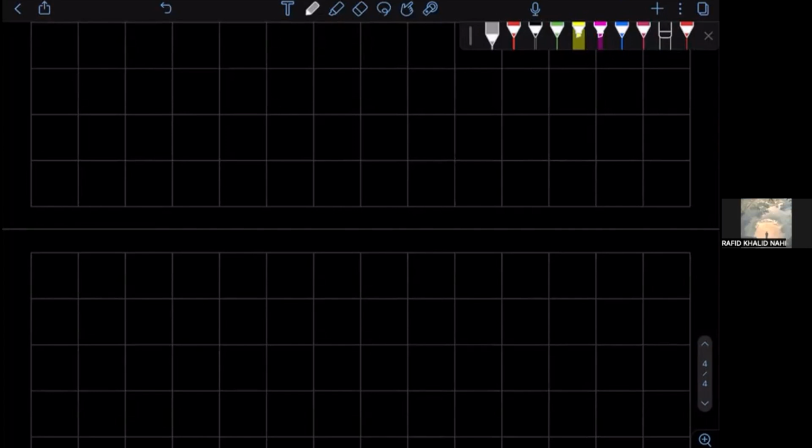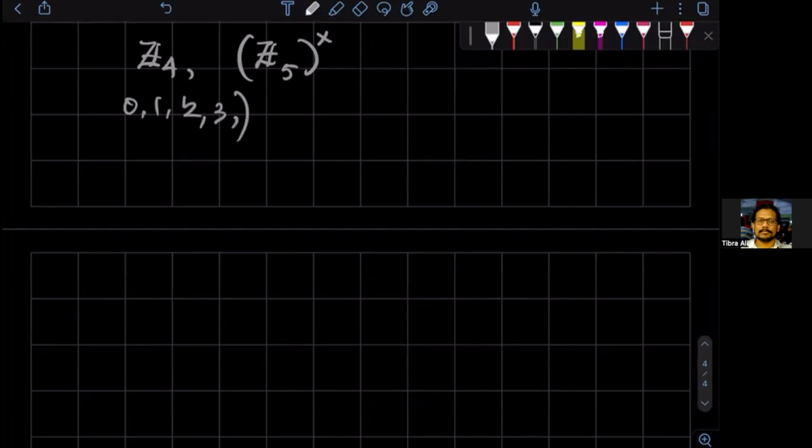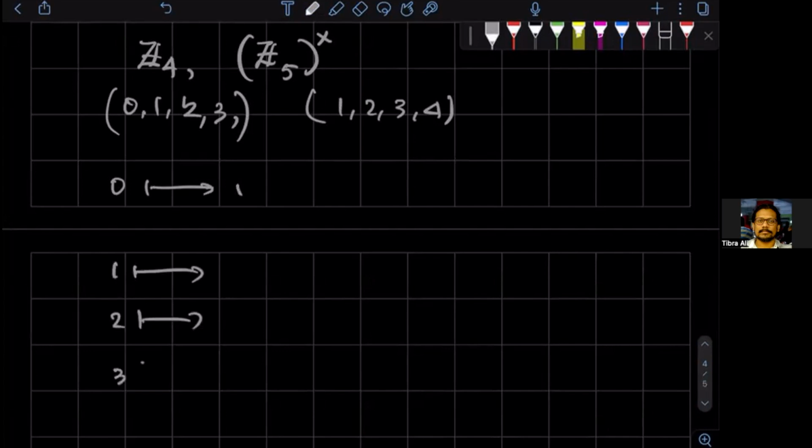Okay. Right. So, for example, remember the case where I think it was Z4 and Z5 or something, but under multiplication. There, after constructing the multiplication table, with 0, 1, 2, 3 and 1, 2, 3, 4, we actually constructed the explicit map between the elements, right?